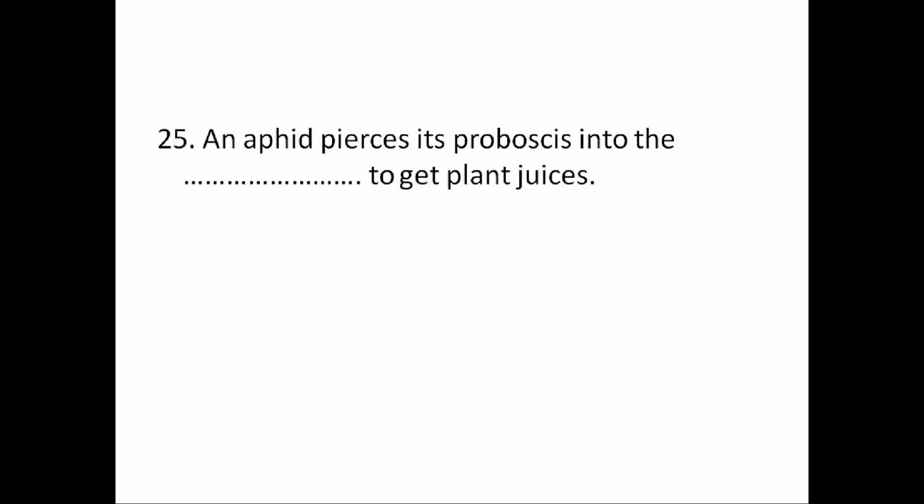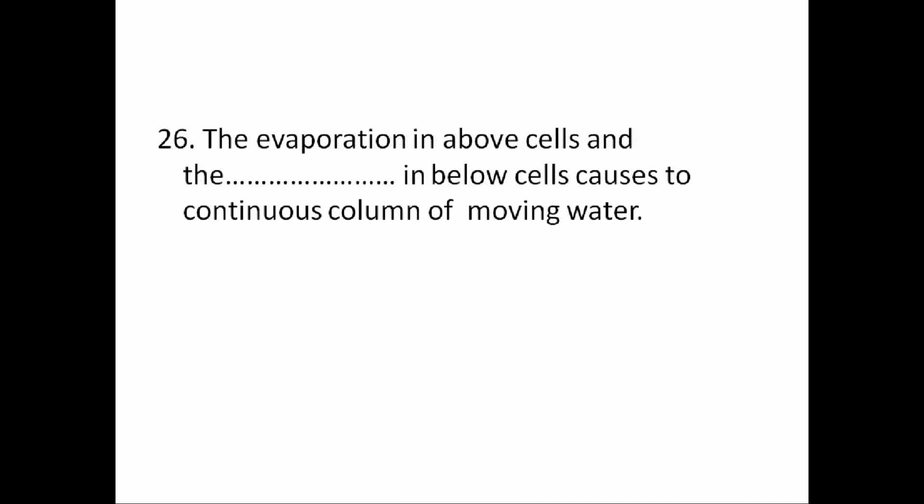An aphid passes its proboscis into the phloem to get plant juice. The evaporation in above cells and the suction in below cells causes a continuous column of moving water: root pressure.